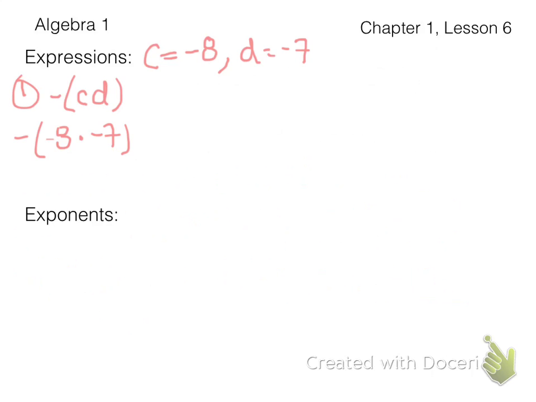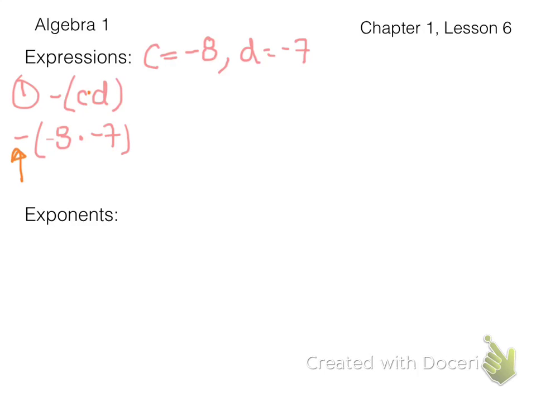Alright, next up, expressions. Just remember, things get a little crazy when you have a letter next to a letter. It means multiplication. So there actually is an invisible little multiplication sign in there, and I can just barely make it in there, but it's that orange dot right there. So if C is negative 8 and D is negative 7, we're going to end up with the opposite.